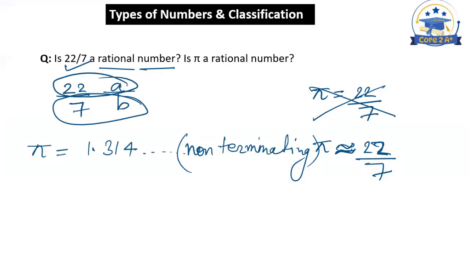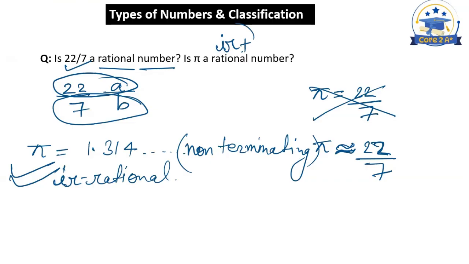So pi is an irrational number, because it is non-repeating and non-terminating. Okay, so it is not rational, it is irrational. Just add IR. Yes, now perfect.